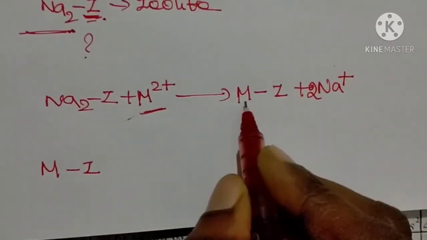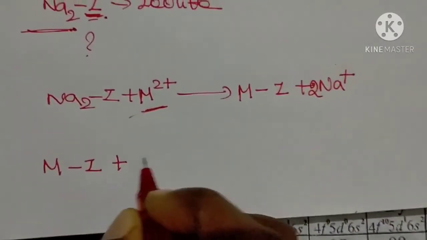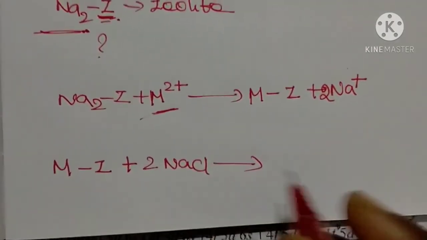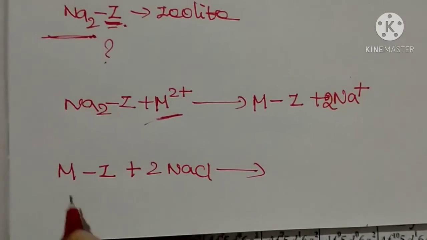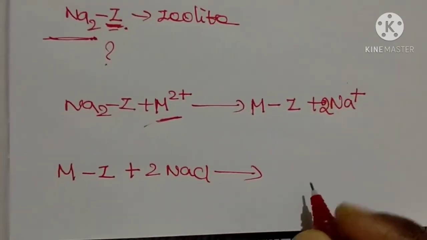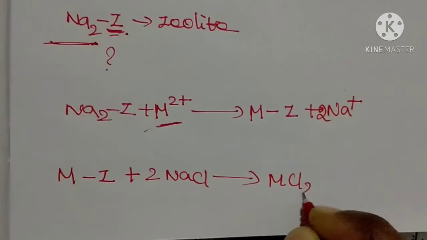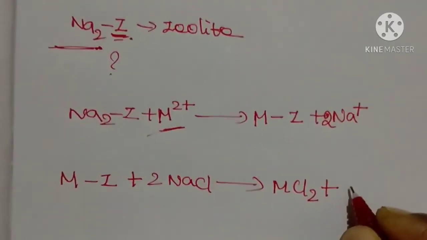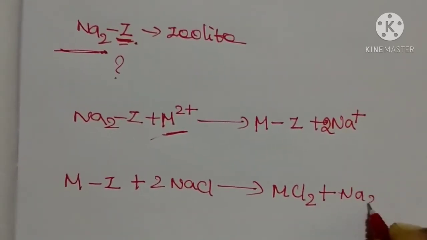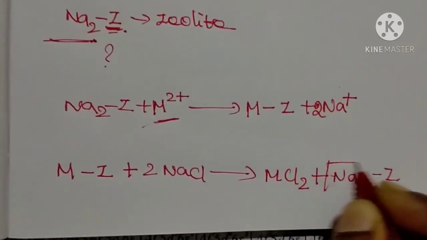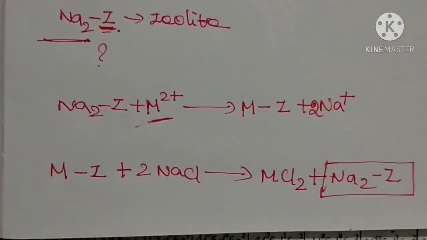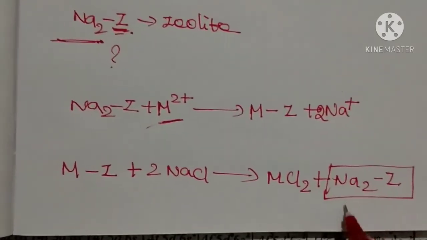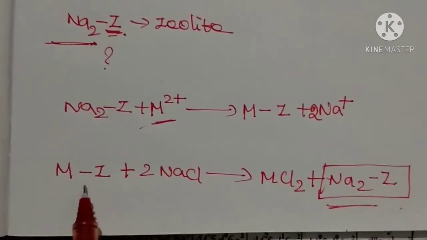For the recombination of zeolite, the metal zeolite is treated with sodium chloride solution, which replaces the metal and forms MCl2, and the zeolite combines with the sodium and forms Na2Z.